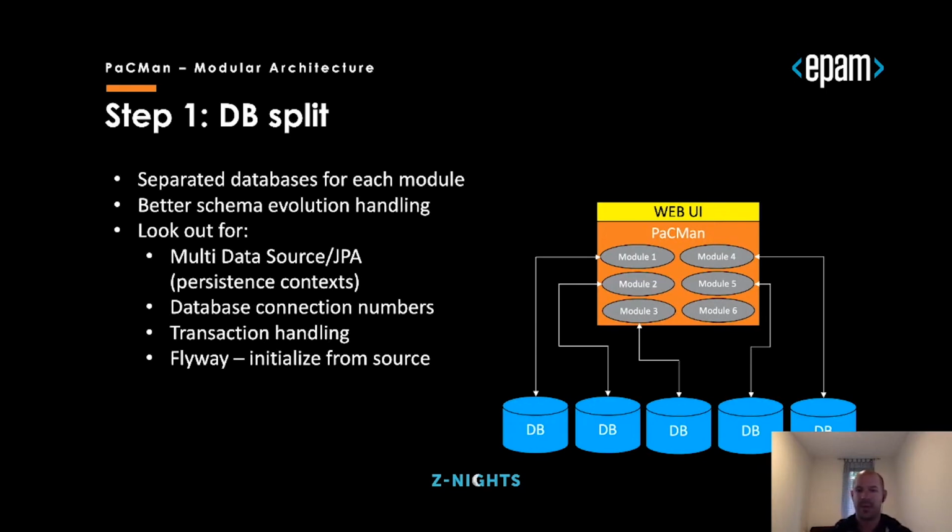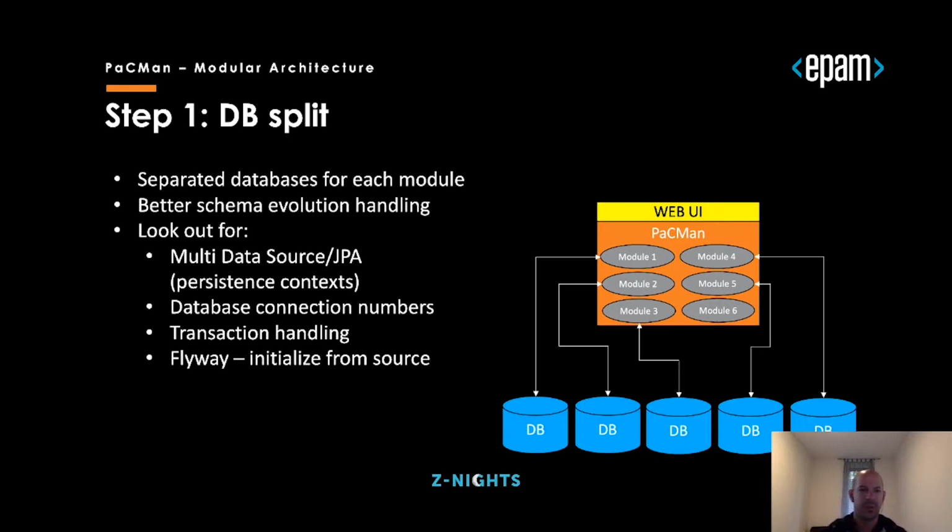And because of this, each persistent context and data source had their own connection pools. And because of this, we had some troubles with the database connection numbers. Csaba will talk about this later in the lessons learned section.